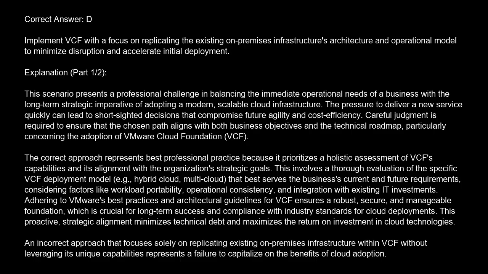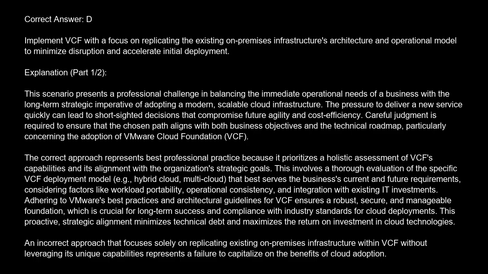Adhering to VMware's best practices and architectural guidelines for VCF ensures a robust, secure, and manageable foundation, which is crucial for long-term success and compliance with industry standards for cloud deployments. This proactive, strategic alignment minimizes technical debt and maximizes the return on investment in cloud technologies.